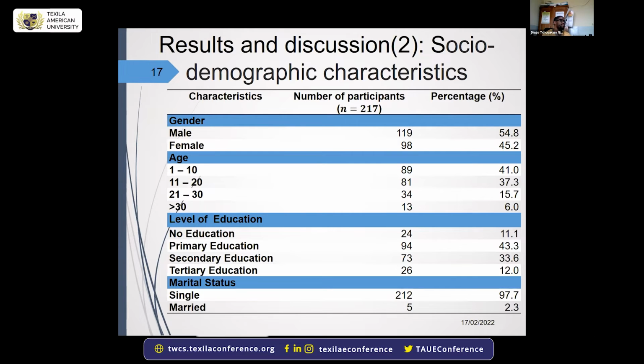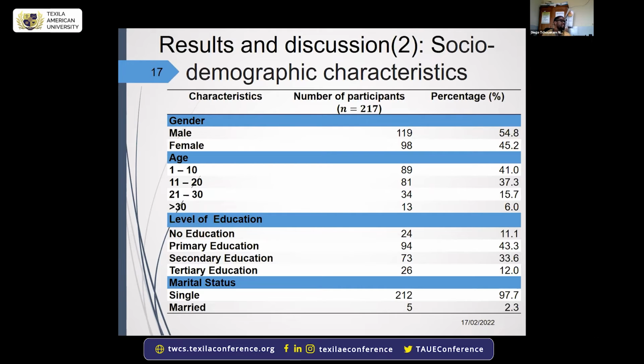We had a lesser representation of the 21 to 30 years and more than 30 years. Regarding level of education, most of our participants had at least primary education, and the majority had done at least secondary education.